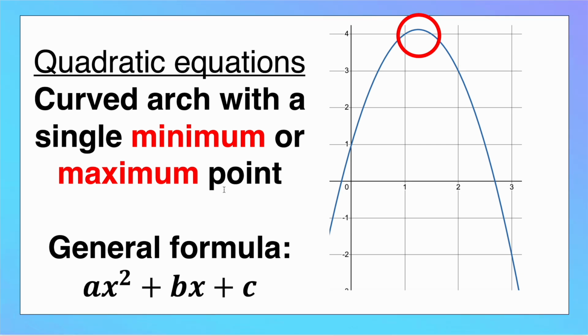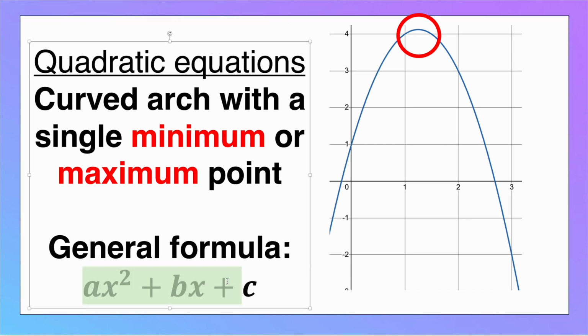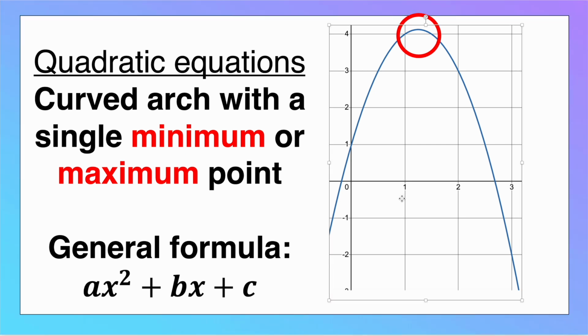The quadratic equation is this down here, this general formula, which is ax squared plus bx plus c. These a, b, and c letters will usually have another number in their place, but that is the formula for a quadratic equation, and it creates a quadratic graph.